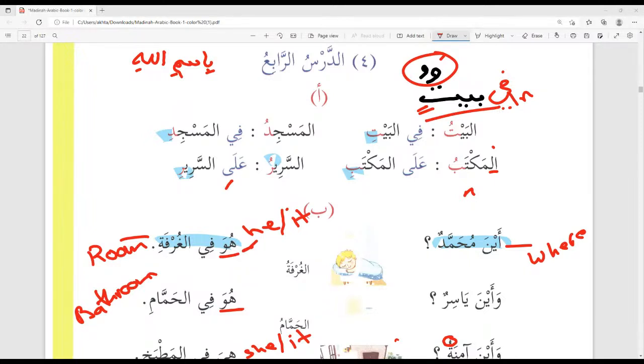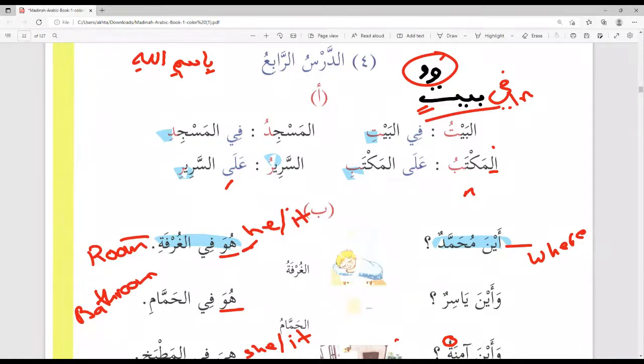So why did you use hiya for watch and huwa for a book? Because al-kitabu is masculine and as-sa'atu, which is watch, is feminine. One we haven't got to yet, but let's just point it out.